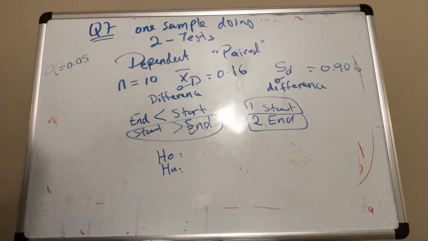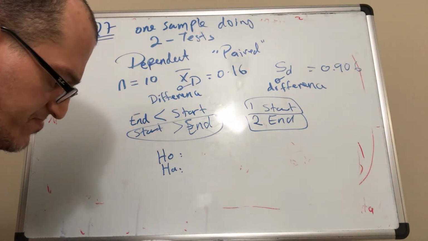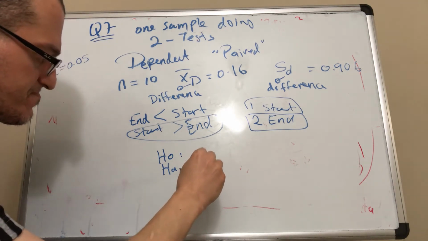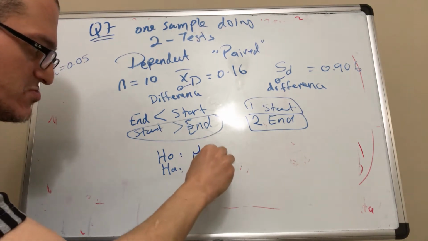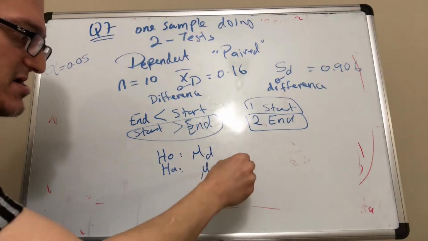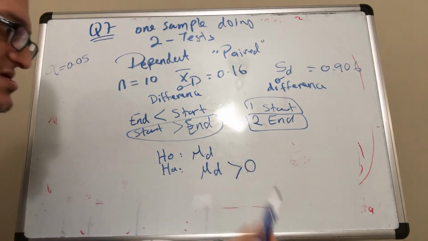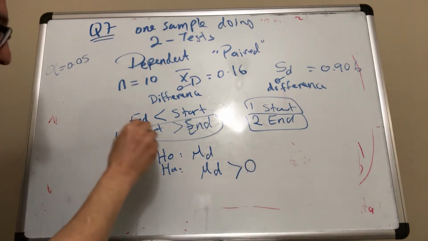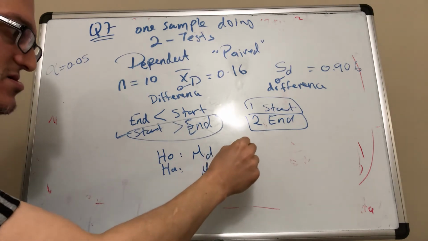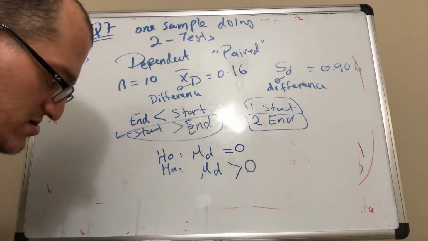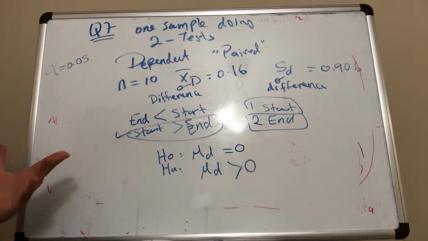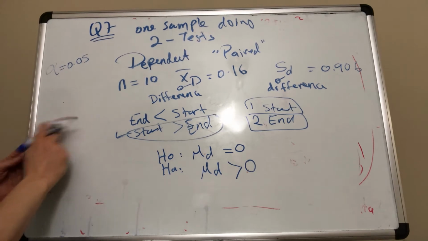Since this is a dependent system, we say mu d. We want it to be better, and because we're going to do the start minus the end, mu d greater than 0 versus mu d equals 0. Then we need to know what test is being used here.